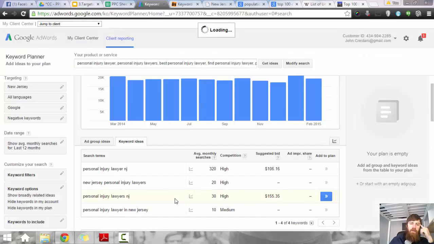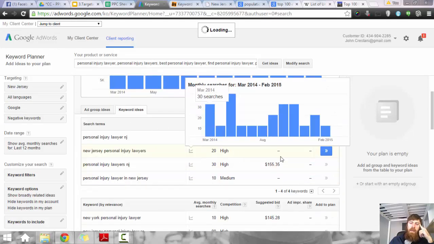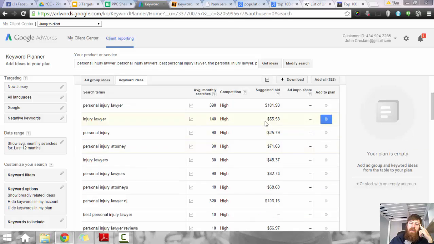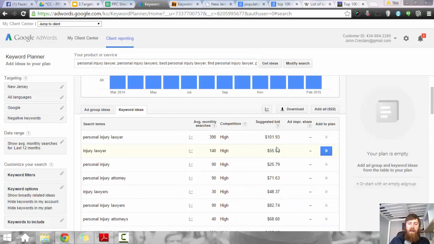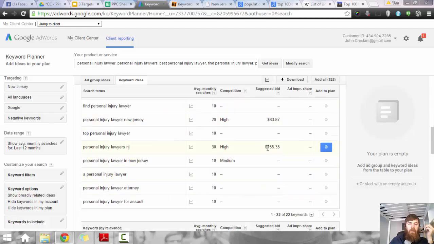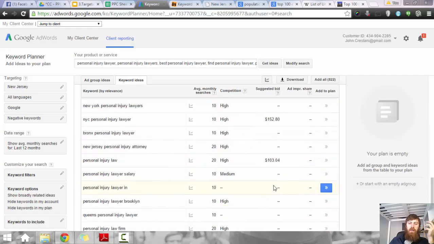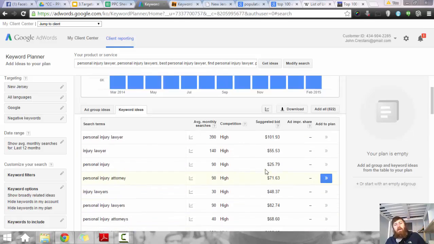Now this isn't always right, but you put your keywords in and the average suggested bid is roughly within the same range. It's a wide range obviously, between like 50 and 150, but that's actually a much closer range than most of the other ads we've seen, where they vary between $1 and $2 or $5.